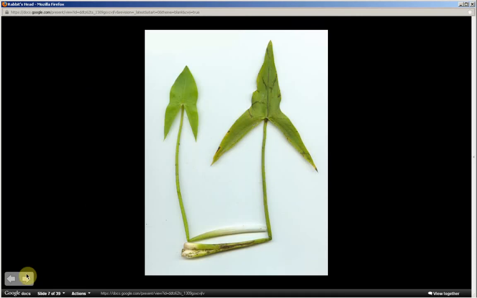This picture shows us the variation of the leaves. Here on the left, we see the upside down rabbit's head, the pointed ears, and on the right, it's the variation.